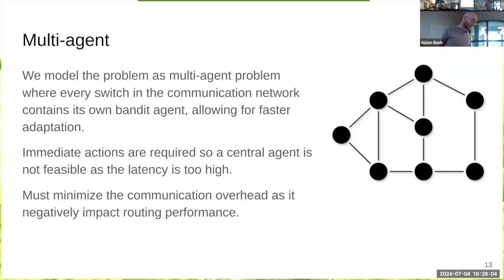So you'd have to make sure that the added cost of distributing your policy is lower than the added benefit of a more powerful policy. So in that case, just say each switch is its own agent. I feel like it makes the problem a bit easier to solve.